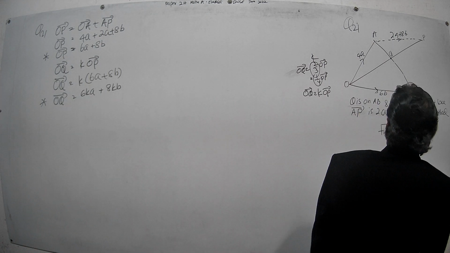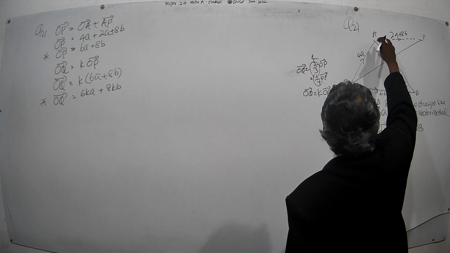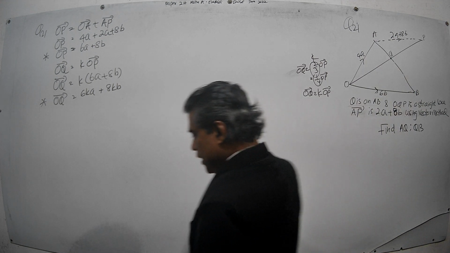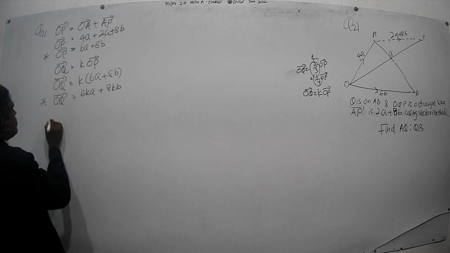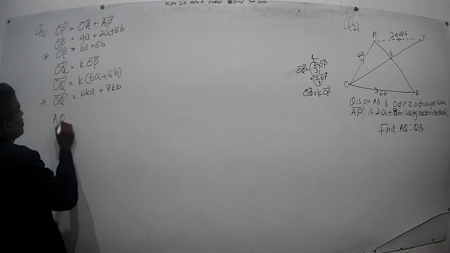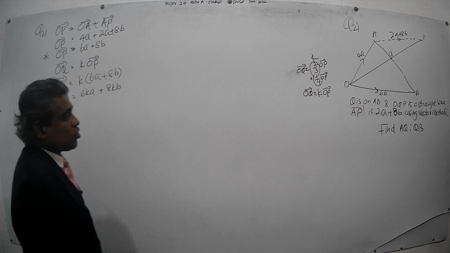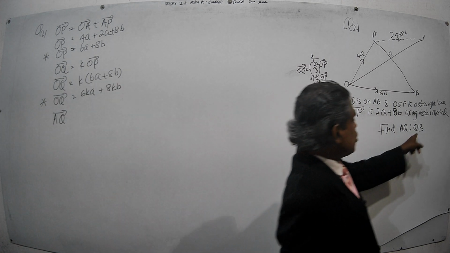Right. Now we can find vector AQ. They are the vectors we need to find the ratio between AQ and QB.